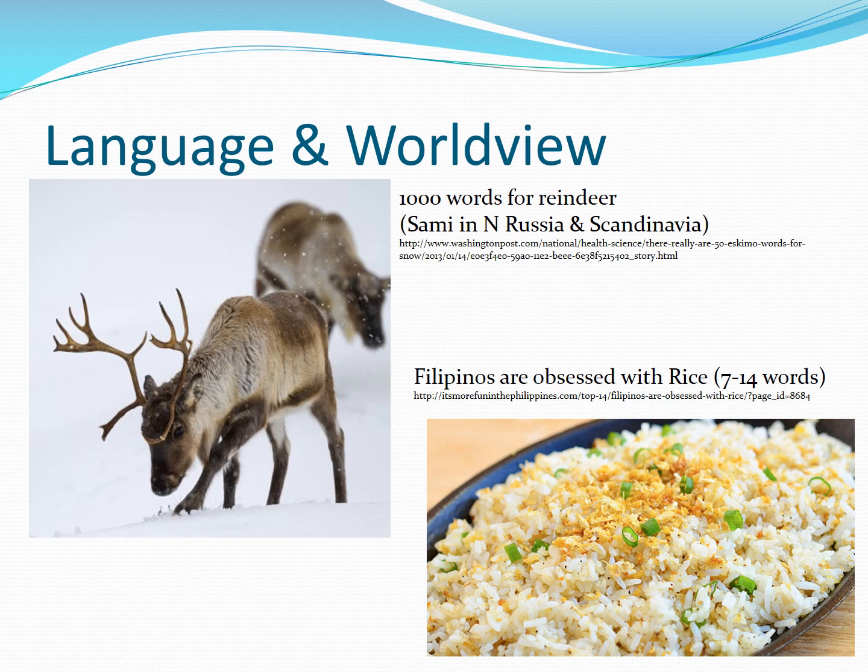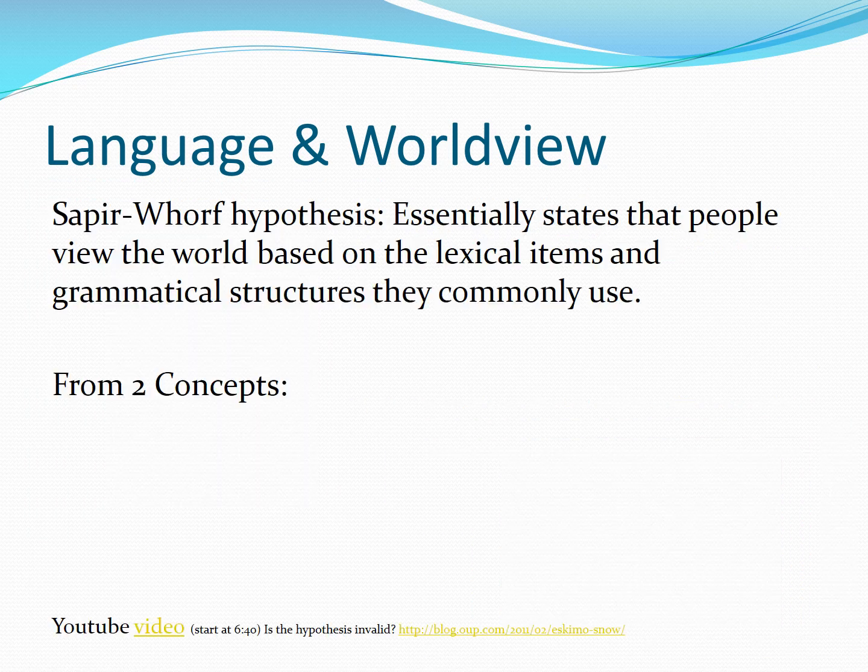The second link, the Filipinos are obsessed with rice, is no longer an active link, but the idea that there are 7 different words for rice is still there, and certainly those words for rice don't include different types of rice meals that you could create and make.